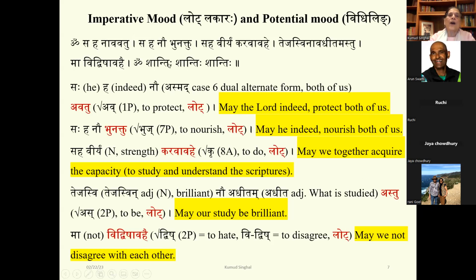All right. So now I'm going to talk about the imperative mood and the potential mood. The imperative mood is called lot lakara and the potential mood is called vidhiling. But before I go into conjugation, I want to do a number of verses where these lakaras are used.